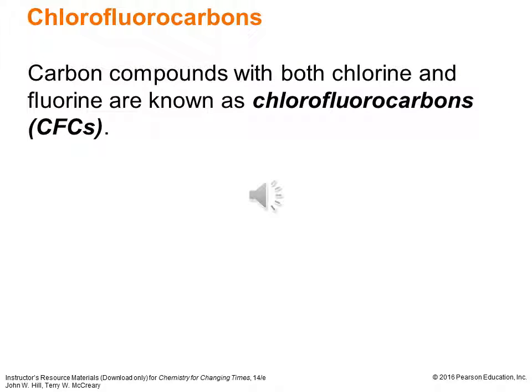And I hinted at it briefly on the previous slide, but chlorofluorocarbons are carbon compounds where hydrogens have been replaced by both chlorine and fluorine. So these CFCs, they were early refrigerants, they were effective, did a nice job in refrigerators and air conditioners, but unfortunately they also in the upper atmosphere are pretty effective catalysts for breaking down ozone.